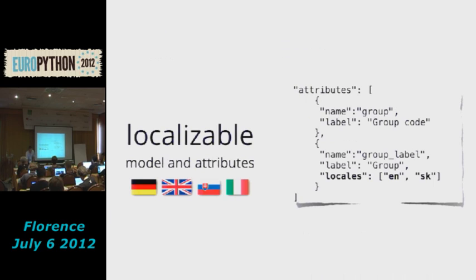And the model is localizable. So you will create reporting, and the cubes will take care about the localization, so where to find your data. So it's not only about localizing the metadata, not only the model, but also you can have localized data.